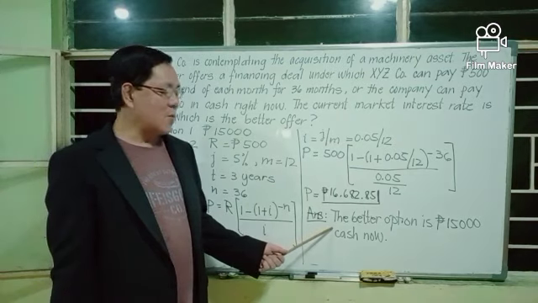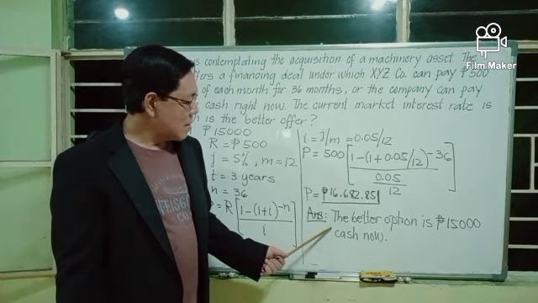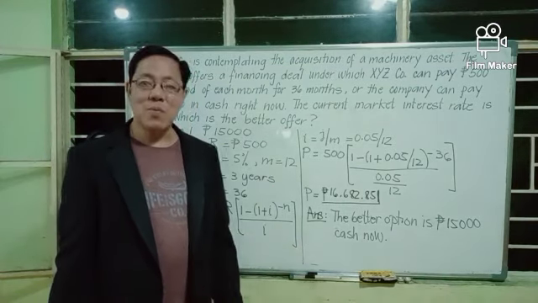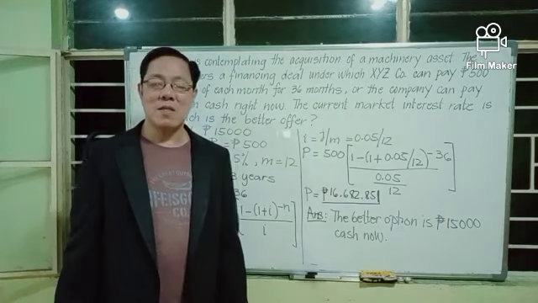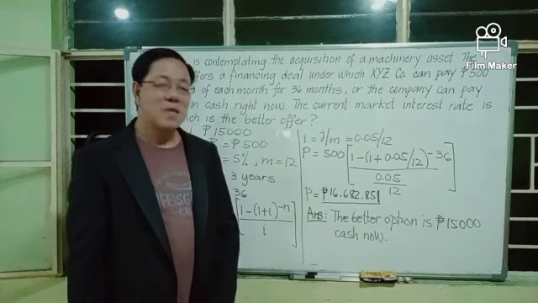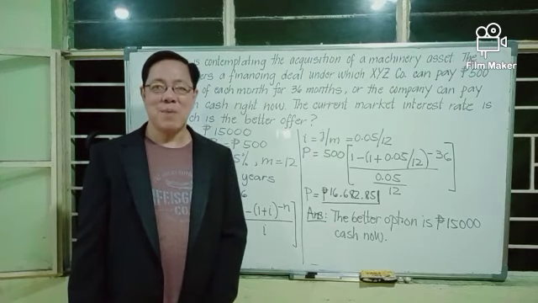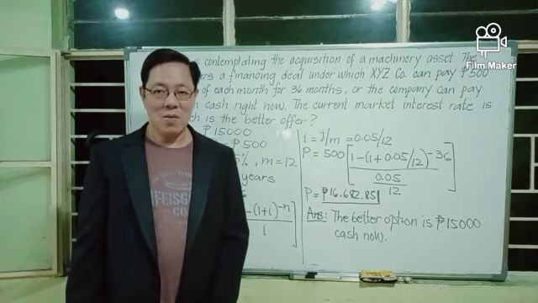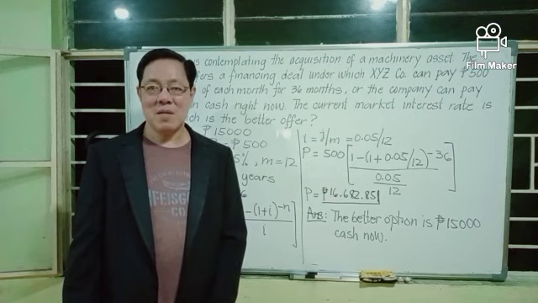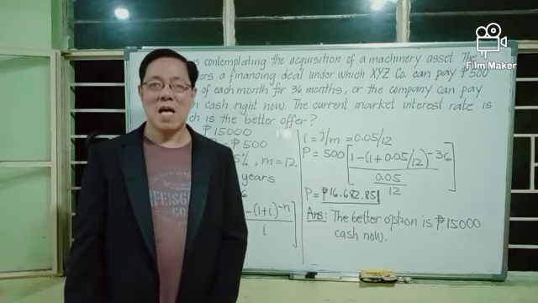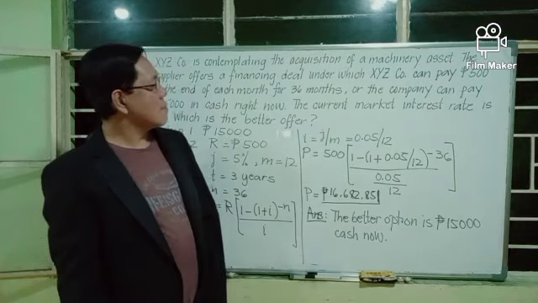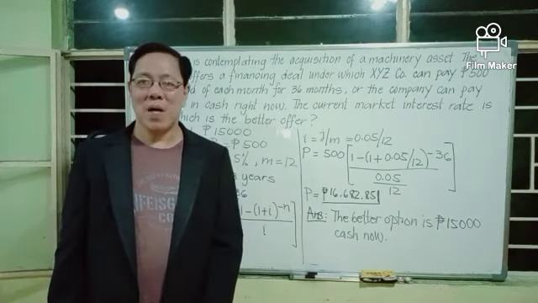The company will save an amount of 1,682.85 pesos if the company will pay 15,000 pesos in cash now for payment for the machinery asset it wants to acquire.